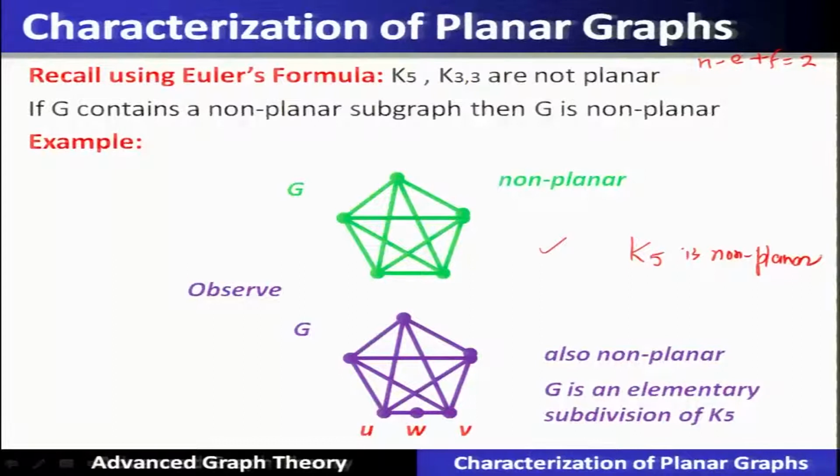Now, if we add some vertices and we form another graph where this K5 is a subgraph, then this entire graph G prime, a bigger graph, is also non-planar. Why? Because this K5 is a subgraph of this particular graph.